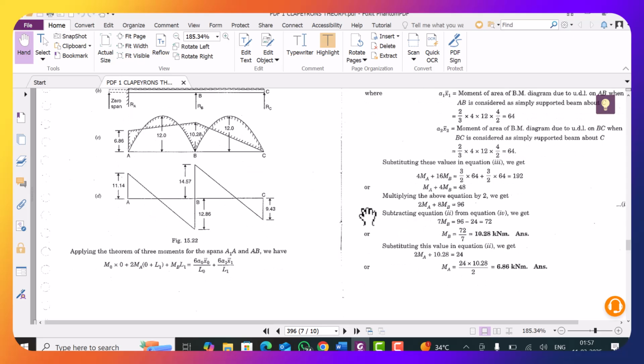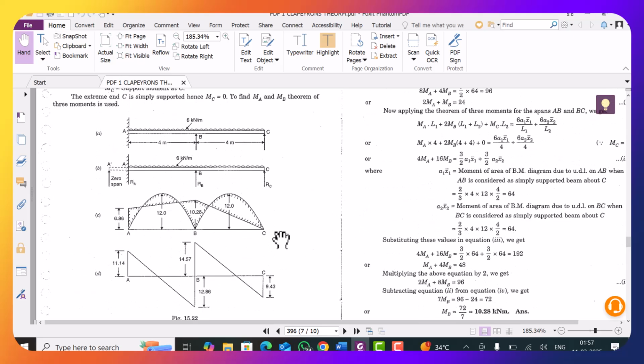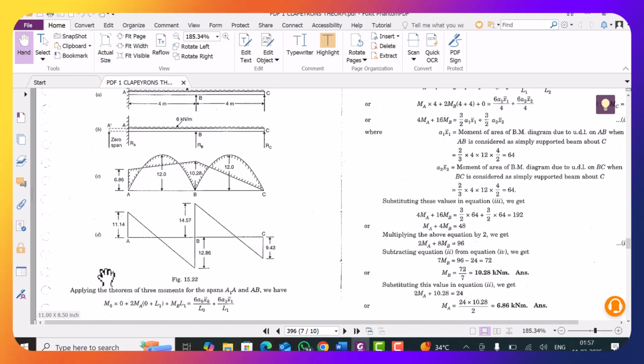After that, the first equation will be applied on the first span, A dash AB. So our equation of three moment will be MA dash multiplied by the span, that is zero span, the virtual span. It doesn't exist, we have created that span, imagine, plus 2 times MA.